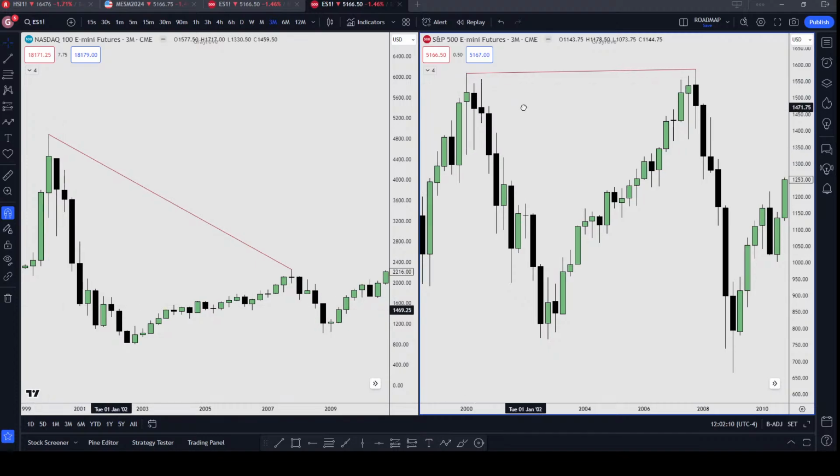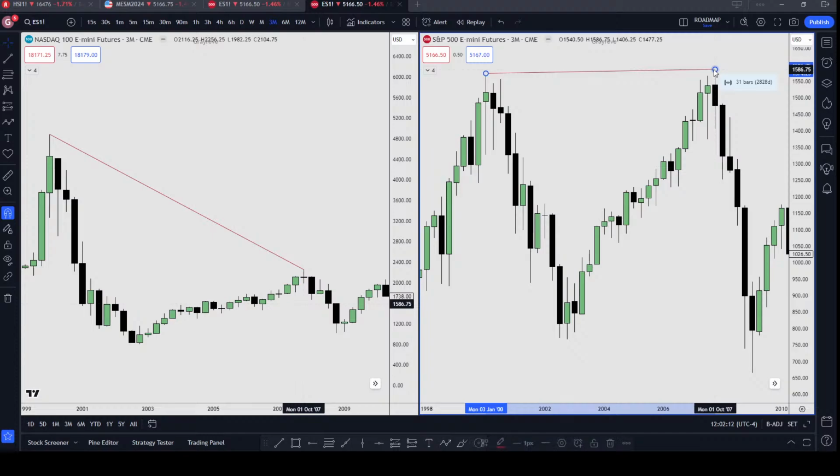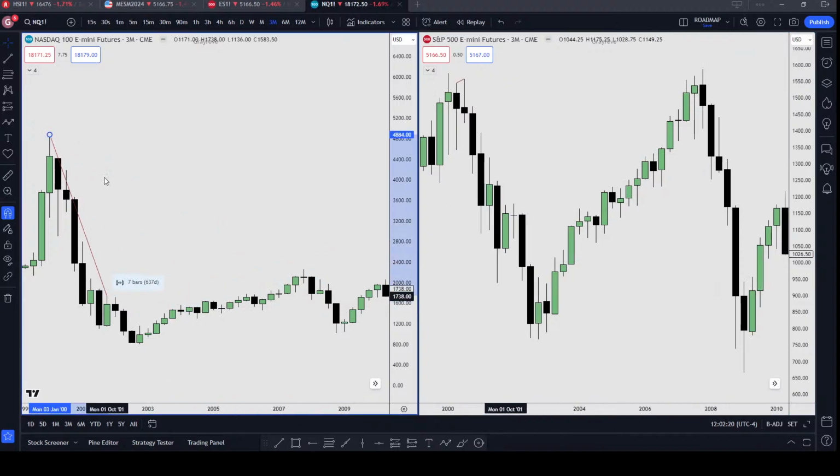It can be something like this right here, this high and this high, as compared to this high and this high. So as you can see right here, we have lower highs for NQ, higher highs for S&P, right? This could also mean that it's SMT, but it's harder to see, right?